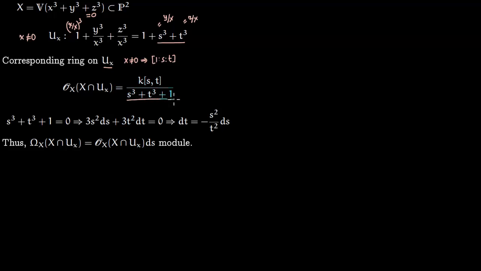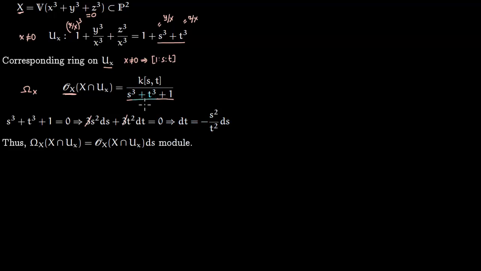Now you take this denominator and you have to find its differential, because this is just the ring corresponding to the variety, but we are trying to find this Omega_X on this set U_x. So you take its differential: 3s squared ds plus 3t squared dt, the 3 will cancel out, so dt is equal to minus s squared by t squared ds.